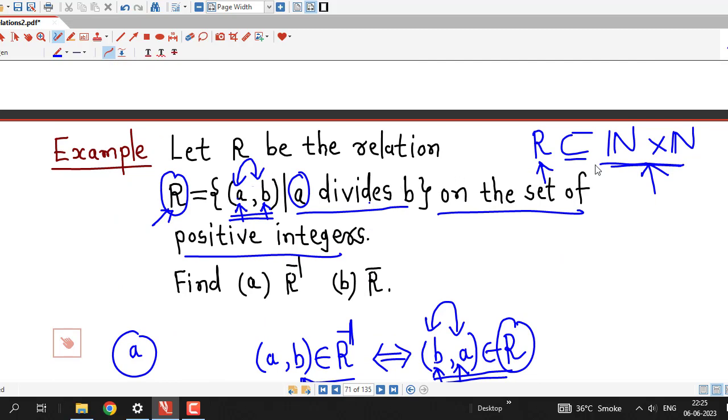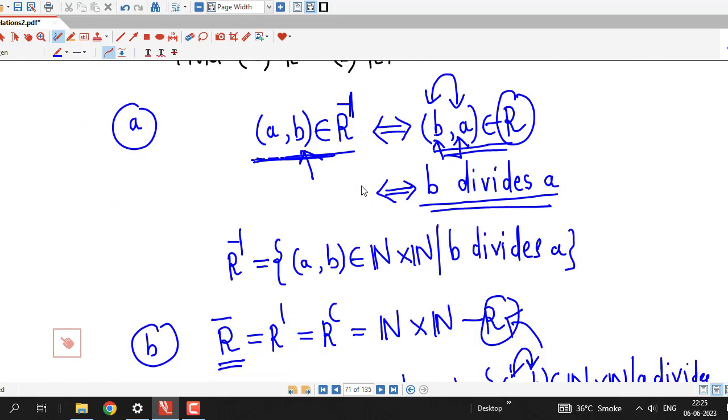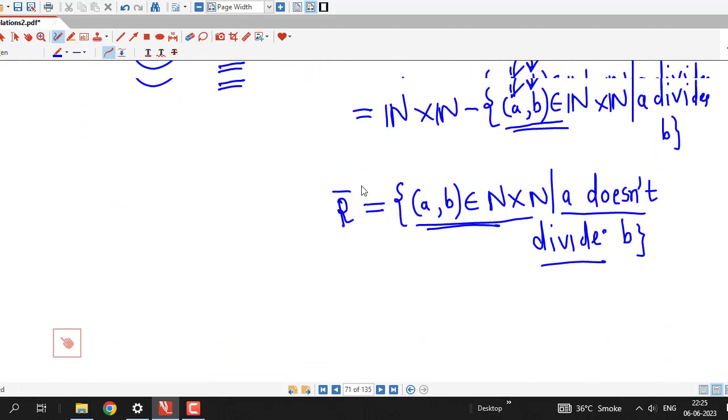Here our set on which relations are defined is N cross N, which is an infinite set. So whenever we have an infinite set, our relation will be given in this form. We will be having some condition.